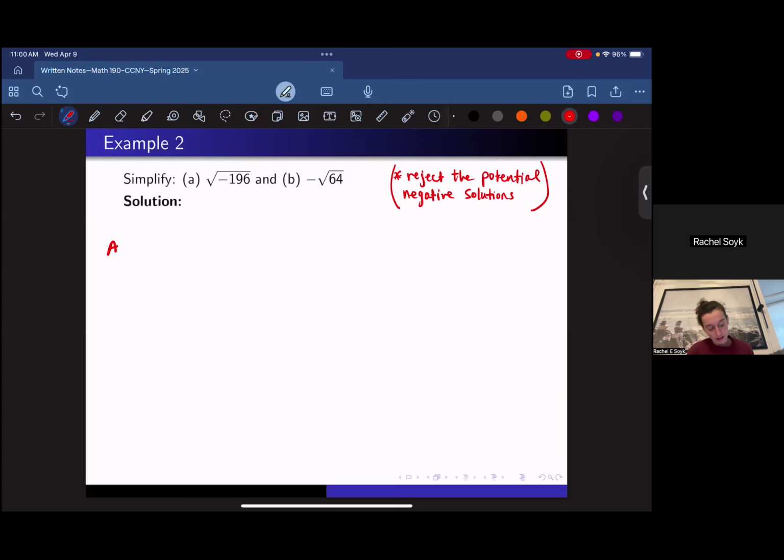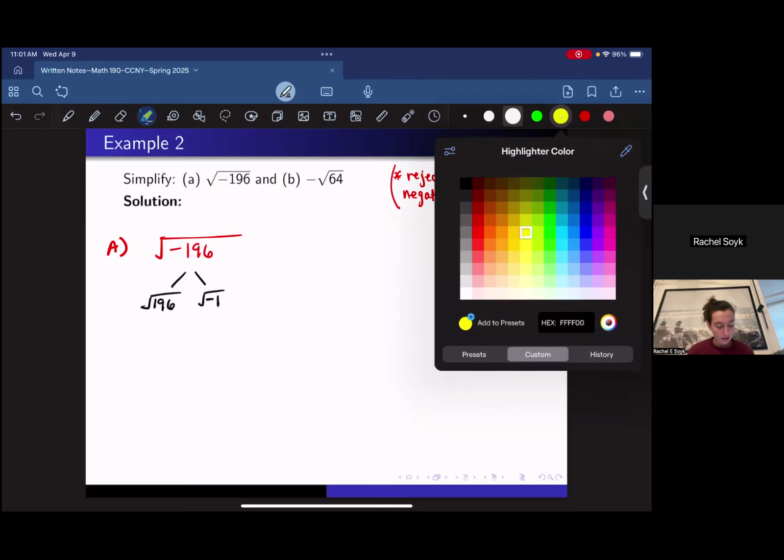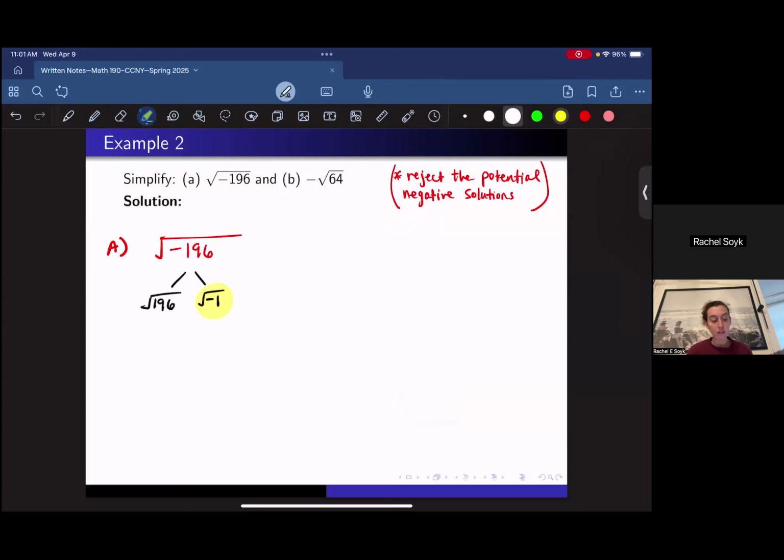So when we look at A, we have, okay, what's the square root of negative 196? This can actually be broken into the square root of positive 196 and the square root of negative 1. And this square root of negative 1 is a famous fact for our imaginary numbers. This represents i.